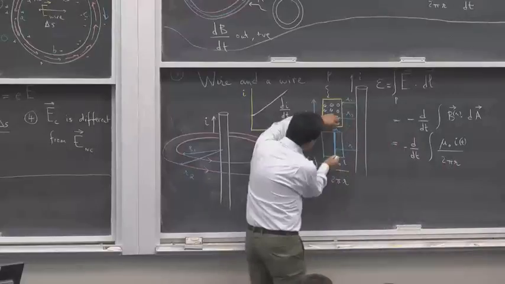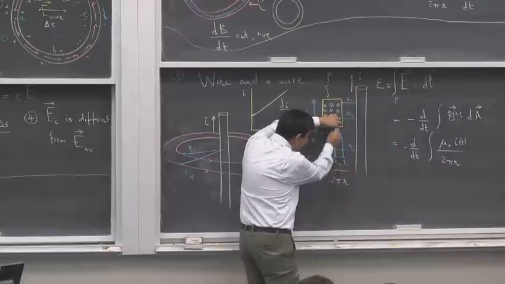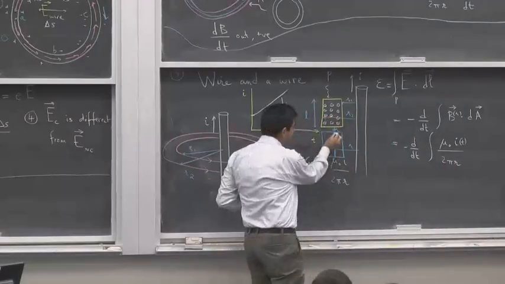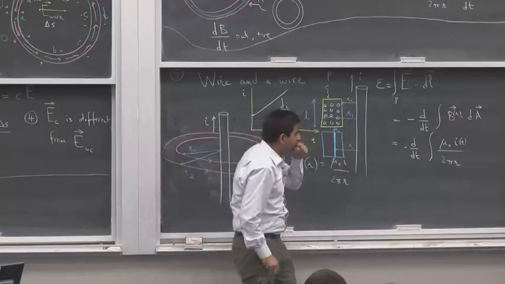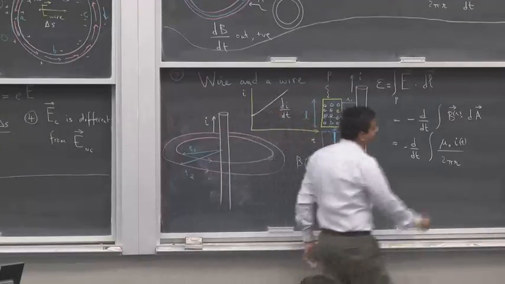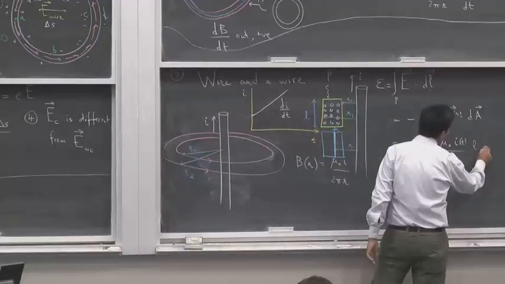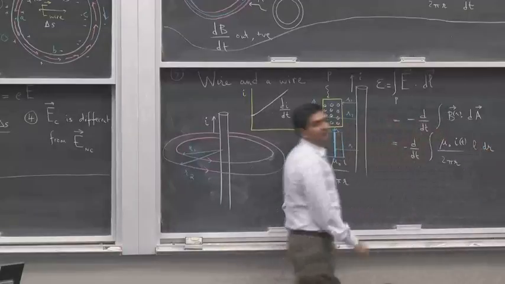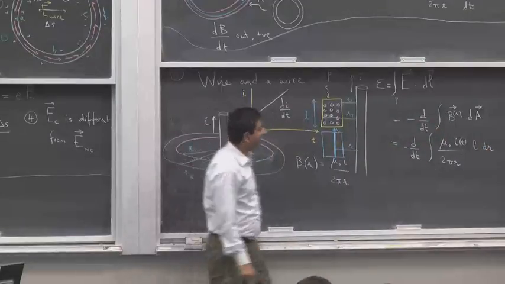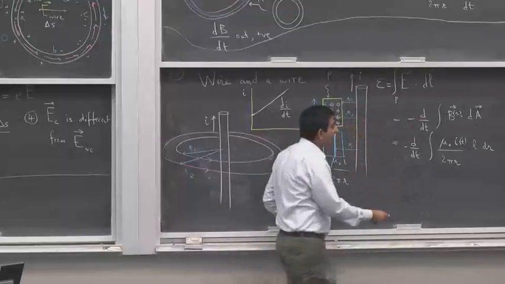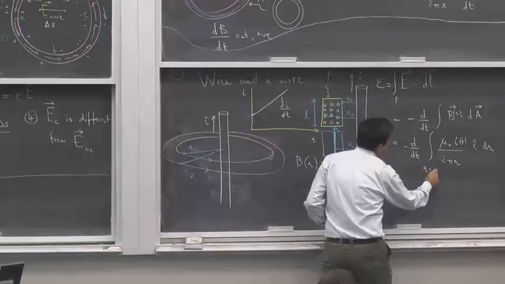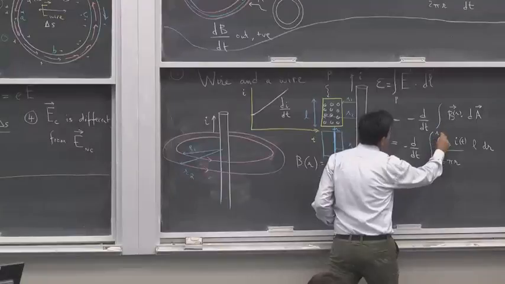This is the field at this point, at this rectangle. It's the same here as here. Into dA. Now what's dA? Simply L dr. Now everything is a constant with respect to r. And what are the limits of r? From r1 to r2.